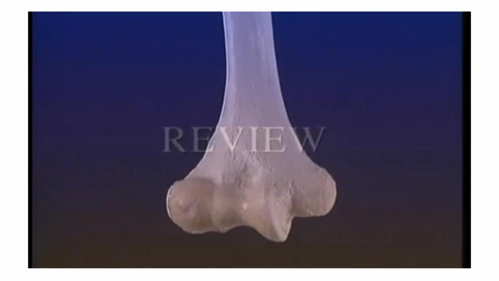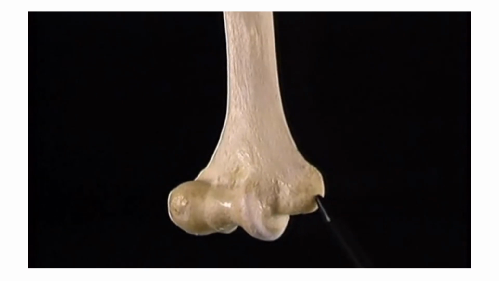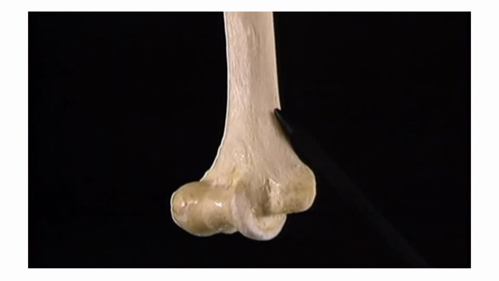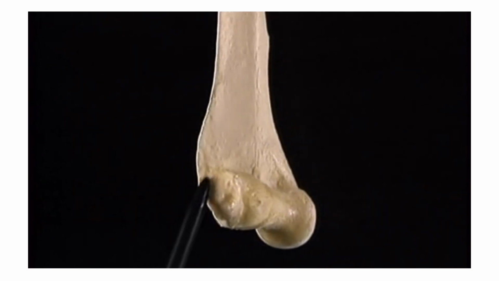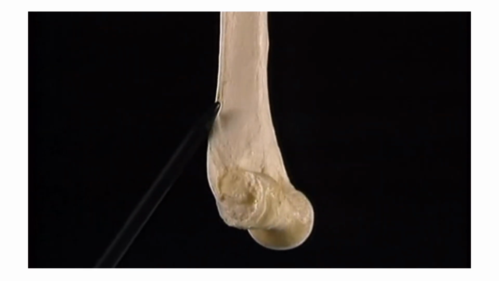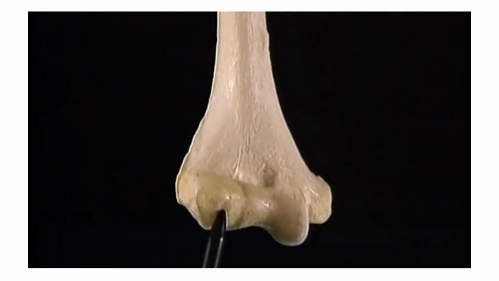Before we move on to look at the muscles, let's review what we've seen of the bones and joints. On the humerus, here's the medial epicondyle and epicondylar ridge, and the lateral epicondyle and epicondylar ridge.